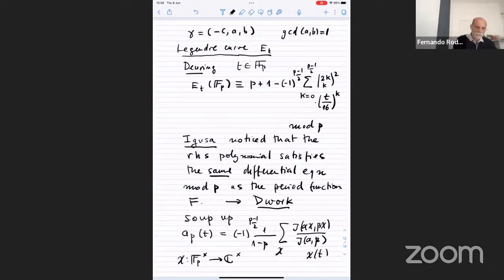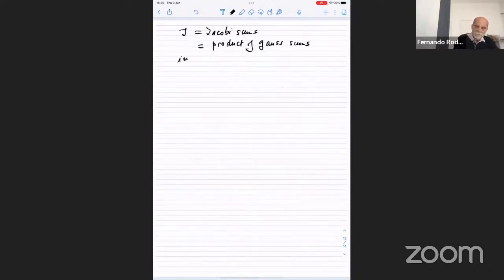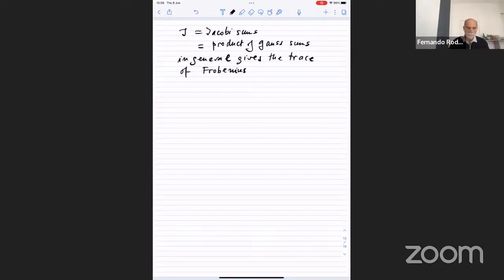In general, this gives the trace of Frobenius, and we can do this for any power of p. So let me try to explain a little bit what this means. This is for all but finitely many p.